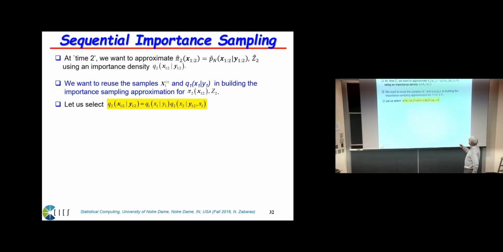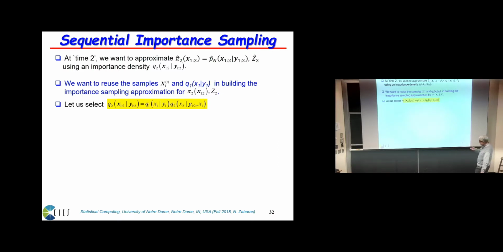It tells you when you're at time 2 and you want to take samples from this distribution to approximate it, you don't really have to update x1, because x1 is sampled from q1 and we have already done that. So we're going to reuse the samples of x1 we got at time 1. The only thing we're going to do is update x2 given x1 and all the new data.